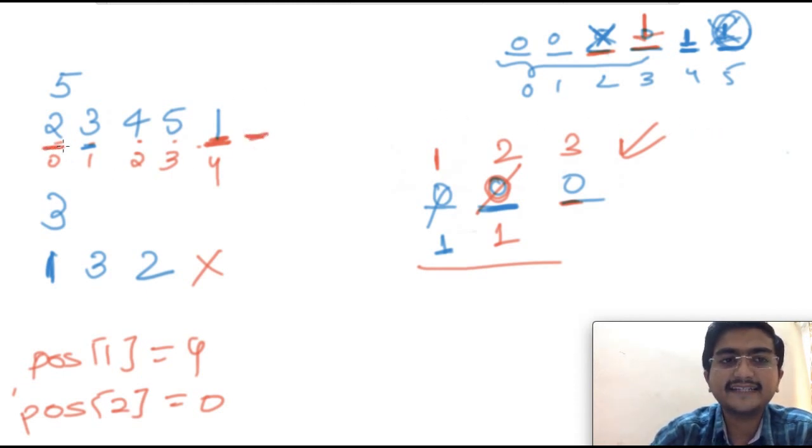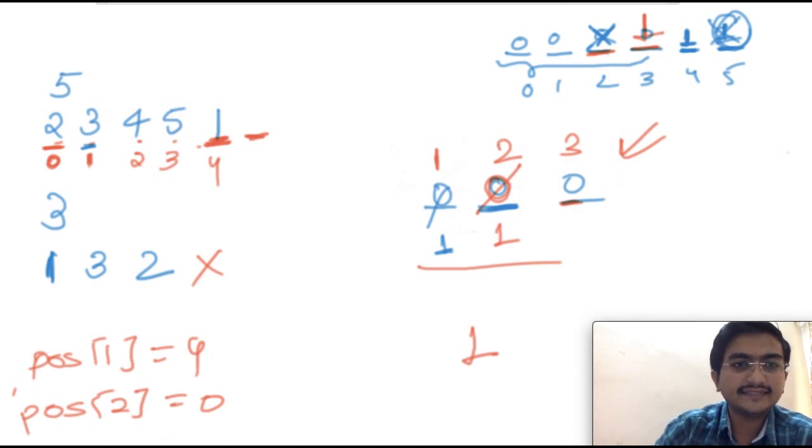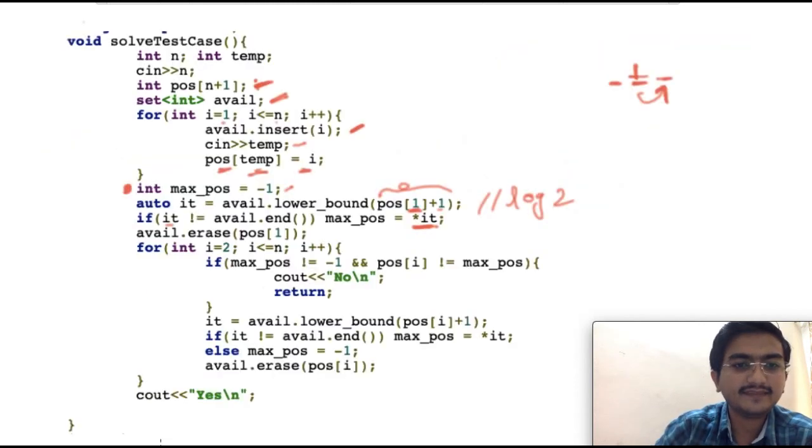But after adding 2, my max position will become 1, because the next element, 0 plus 1, is present. The position is being compared here, right? So that is being done here.